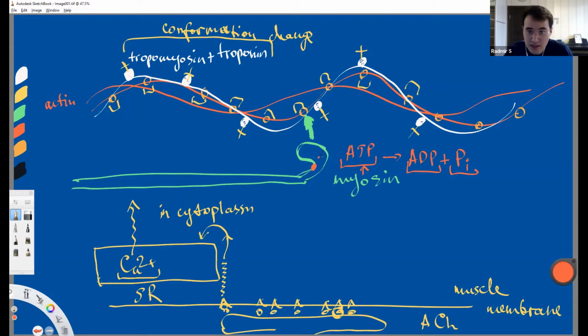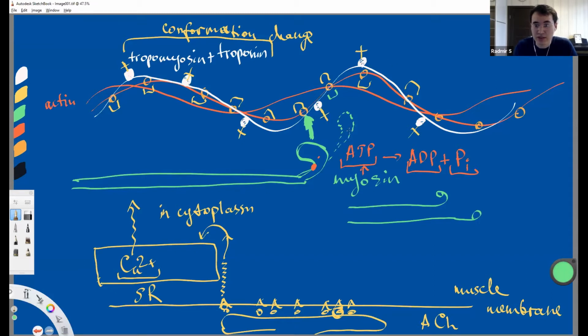And in this case, the whole head starts moving. So the first position without ATP was like this. Now it kind of unwinds, and it will prolong itself towards the next binding site.